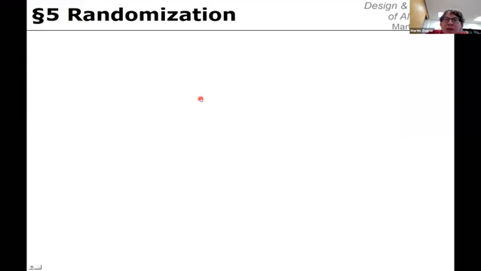Randomized algorithms are allowed to make errors. They are allowed to make guesses, to flip coins as part of the decision and computation process. And if the coin flips come out wrongly, then they could give a wrong answer.